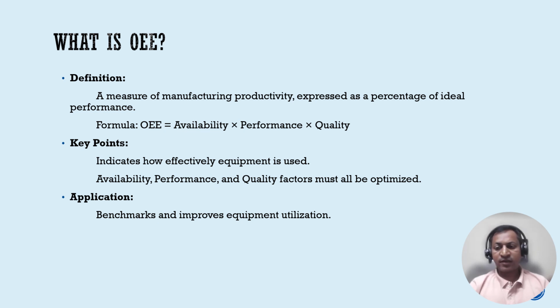The key points are: it indicates how effectively equipment is used. Availability, performance, and quality factors must all be optimized to enhance the usage and thereby meet the customer demand. Applications: it provides benchmarks and improves equipment utilization.